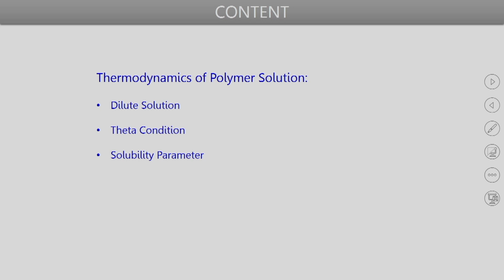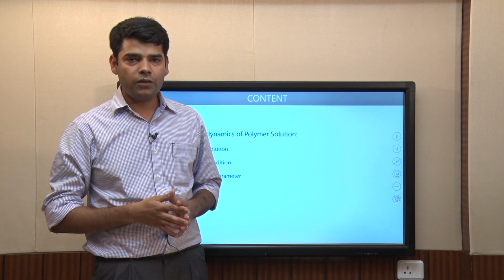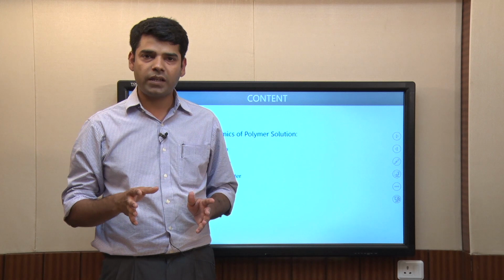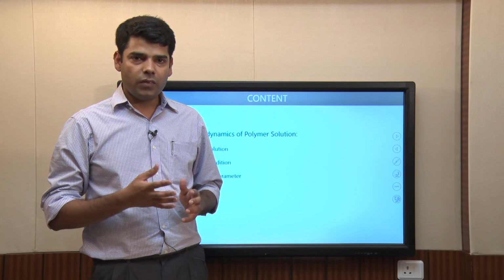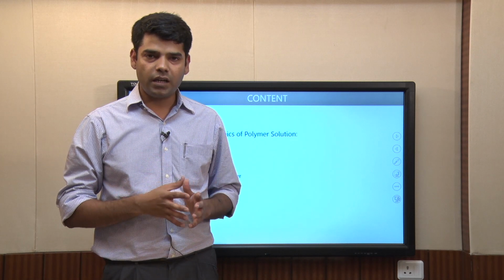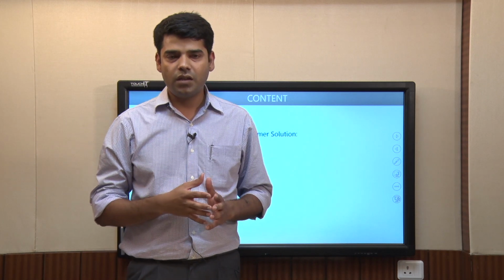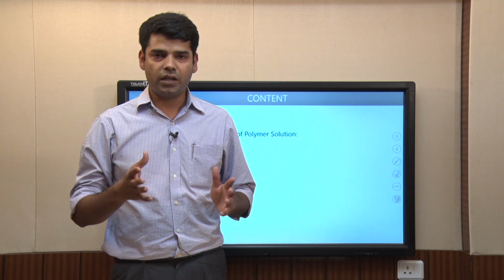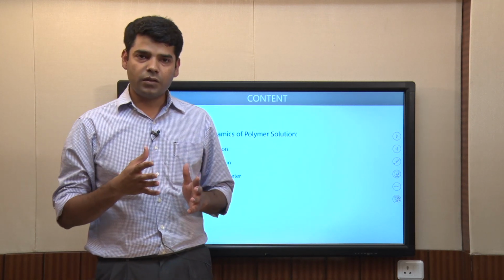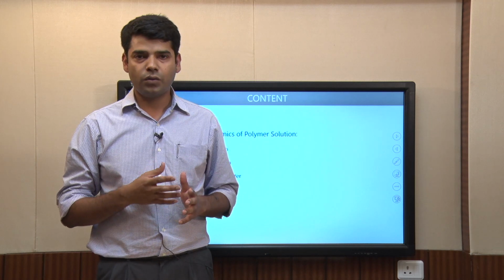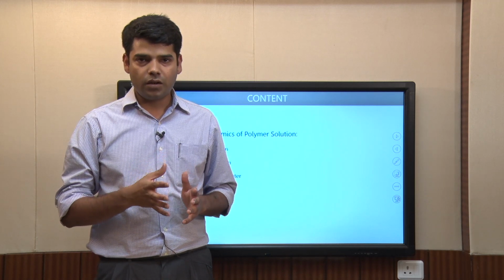After discussing the behavior of dilute solutions within the framework of Flory-Huggins theory, we will move on to discussing a special condition under which polymer solutions, which are inherently non-ideal, behave ideally. This condition is called the theta condition.